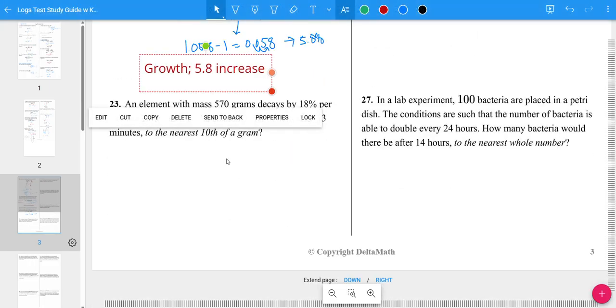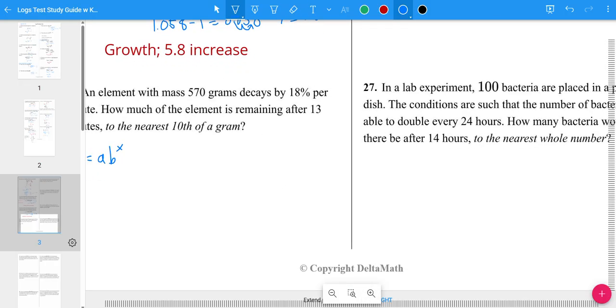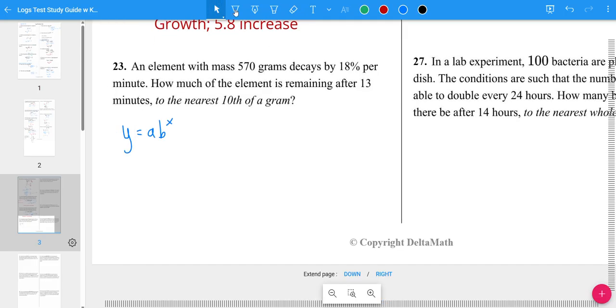Then 23. Remember, the base equation for these is y equals ab to the x, and this is your initial amount.